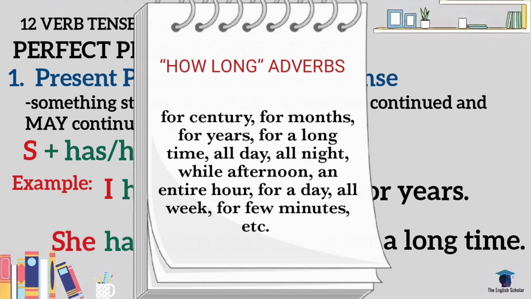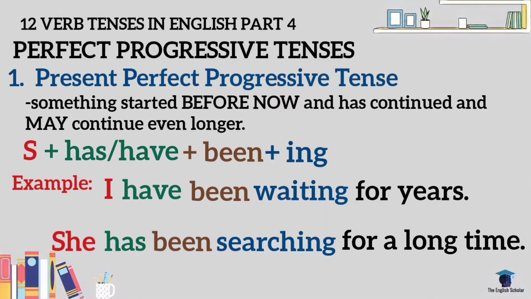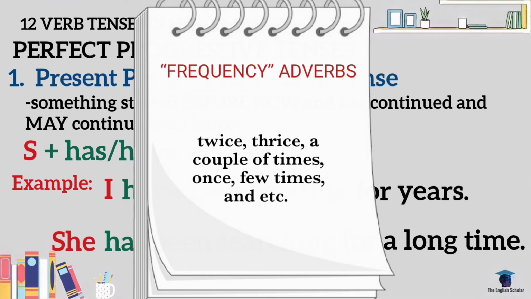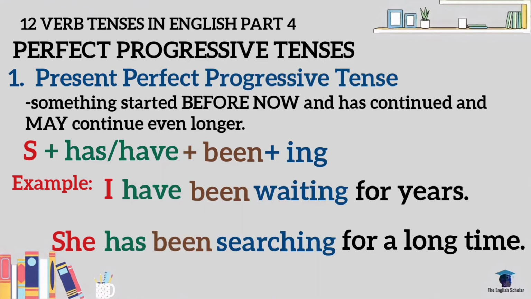Adverbs that tell us for how long, like for a century, for months, for years, for a long time, all day, all night, whole afternoon, an entire hour, for a day, all week, for a few minutes, etc. 3. Adverbs that tell us how often, like twice, thrice, a couple of times, once, few times, and much more.